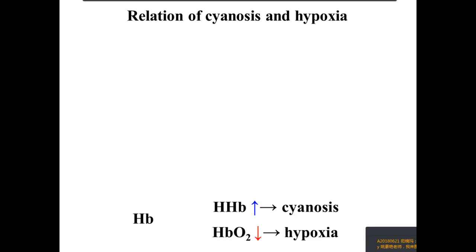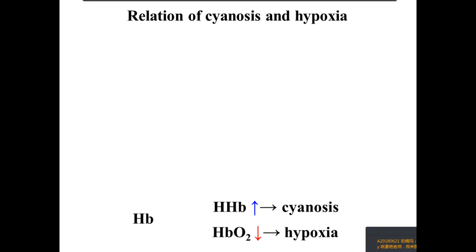Must cyanosis mean hypoxia? No. It depends on the concentration of hemoglobin. If deoxyhemoglobin is more than 5 grams in 100 milliliters of blood, cyanosis must happen, and the color is bluish.